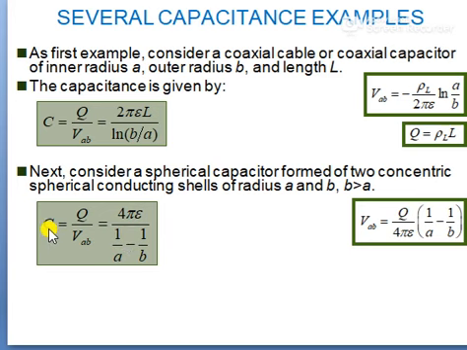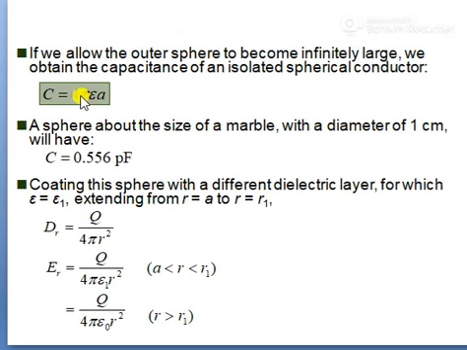Then C is equal to 4 pi epsilon A. A sphere the size of a marble with a diameter of 1 centimeter will have C equal to 0.556 picofarad.